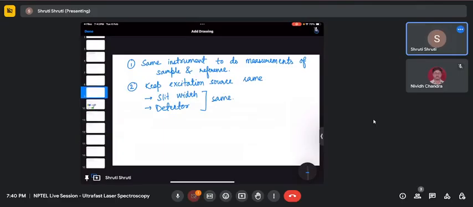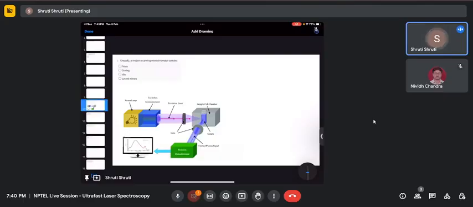Okay, so this slit distance is very small, in microns. Okay, and then in front of the slit, you put a grating.